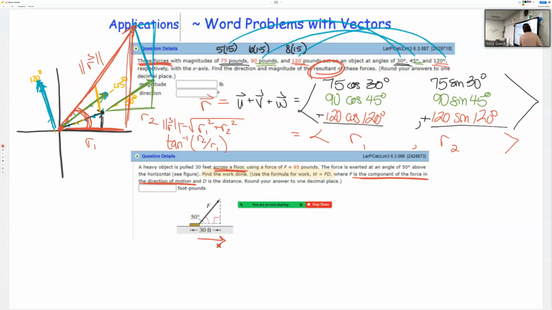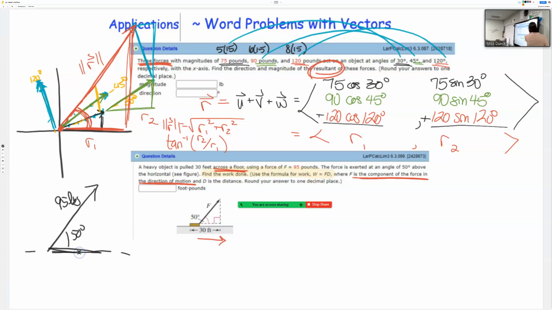So wait a minute. How on earth can I figure out what the force is, what my pull is accomplishing here? How can I take this and figure out that? This force is not just what it appears to be. This force is not just the 50 degrees that it's at and the 95 pounds that I'm exerting. I can also break this down into its components.